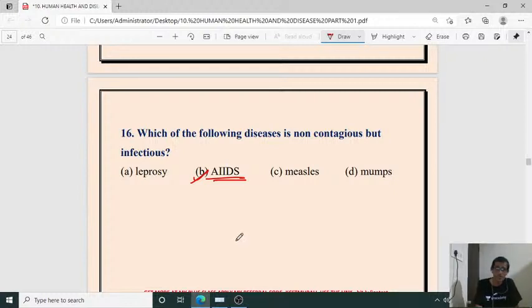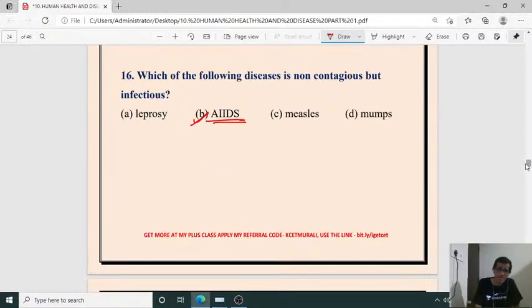Just touching is not sufficient for the spreading of disease. Automatically it is not going to be spread. That is HIV. It spreads through sexual intercourse, blood transfusion, or through the placenta, etc. So the right answer is B for the 16th one.